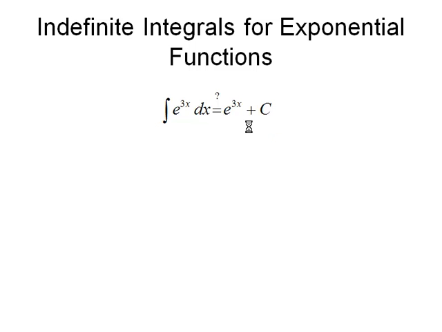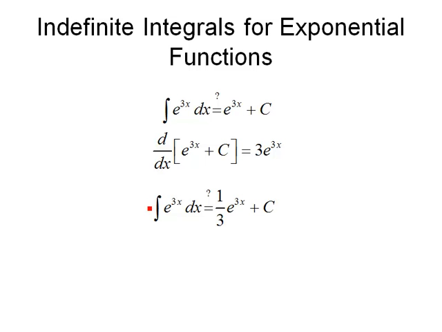But let's check that. If I take the derivative with respect to x of e to the 3x plus c, I need to use the chain rule. I take the derivative of the e to the 3x, I have to multiply by the derivative of the inside, and I get 3e to the 3x, and that does not match my original integrand. So something must be wrong.